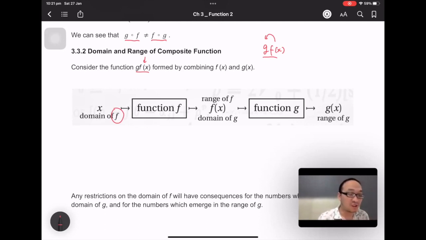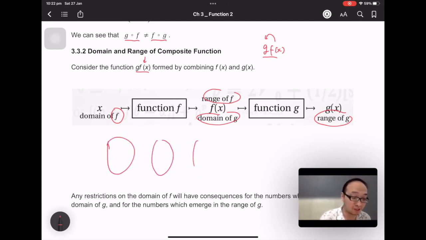So the domain of F will have the range of F, and that will be the domain of G. And as the result, we will have the range of G. Because this is the continuation function, I can draw this.